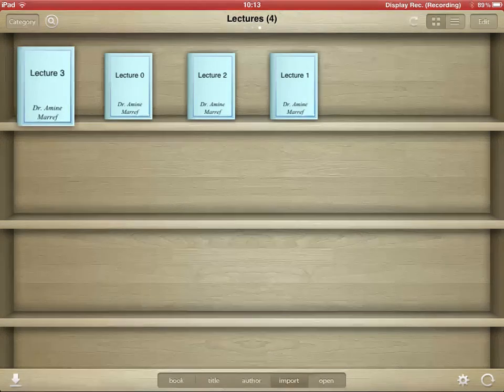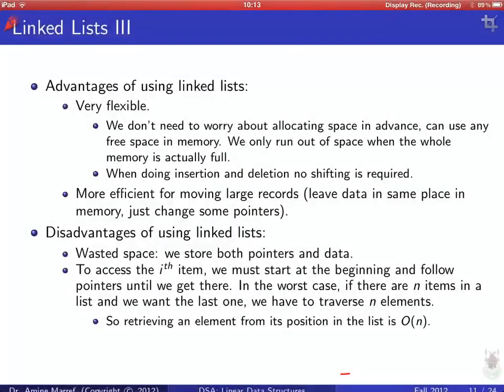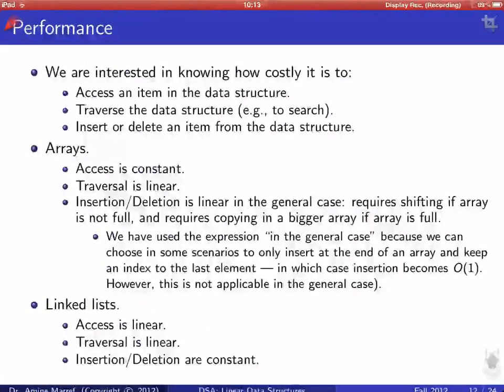So B here is only one direction, B here is two directions. So in some applications, it is useful for us to be able to go forth and back. And this is why we use a doubly linked list. Obviously, we need 2 pointers per node, so we need more space.